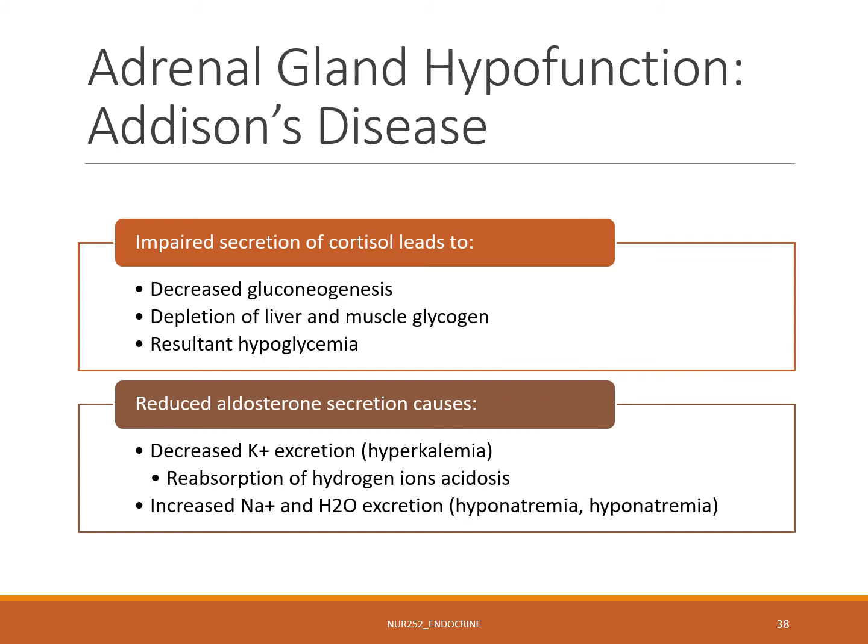Insufficiency of adrenocorticosteroid causes problems through the loss of aldosterone and cortisol action. Diminished action of cortisol affects gluconeogenesis, which is the making of glucose from proteins, and the resultant effects are hypoglycemia following the depletion of liver and muscle. Reductions in the secretion of aldosterone result in various electrolyte imbalances.